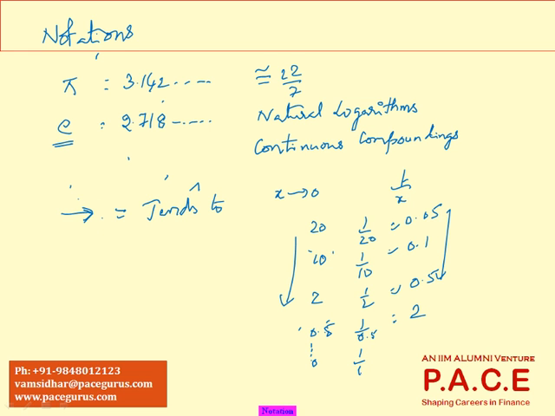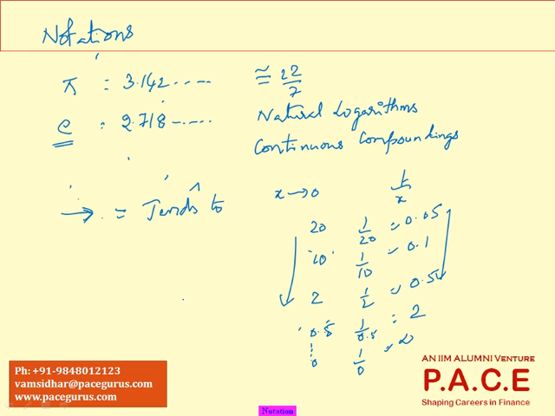As x becomes very close to 0, 1 by x actually approaches infinity. Infinity is a very high positive value which cannot be defined. That is what we call infinity, and tends to is a relation which shows the pattern of the movement.